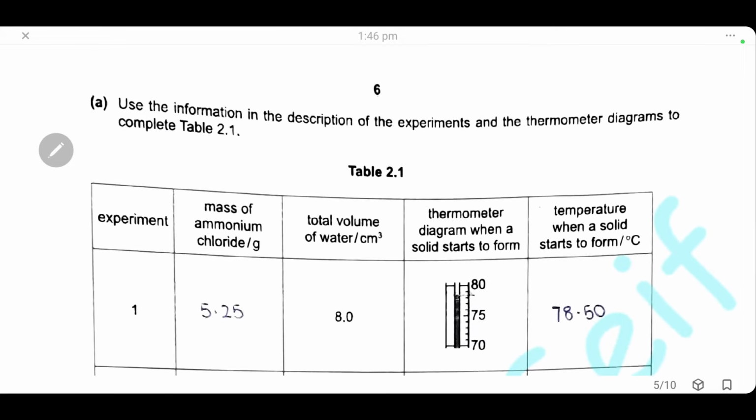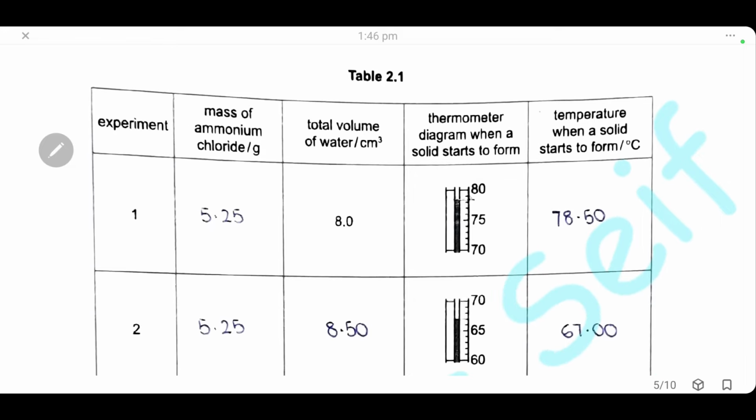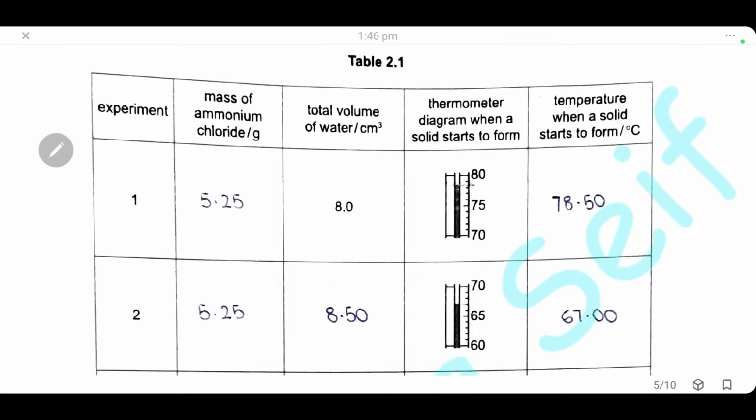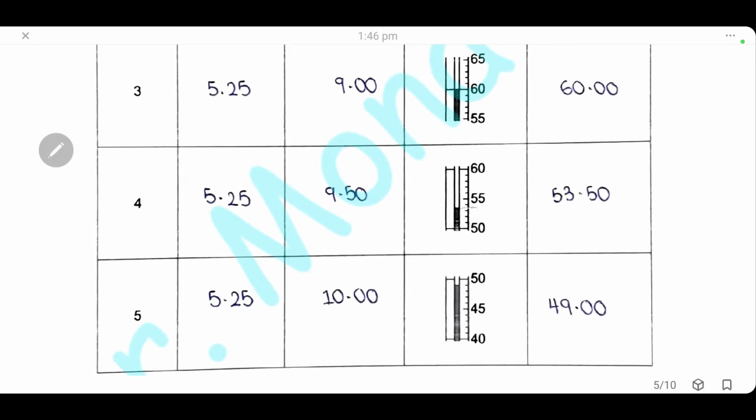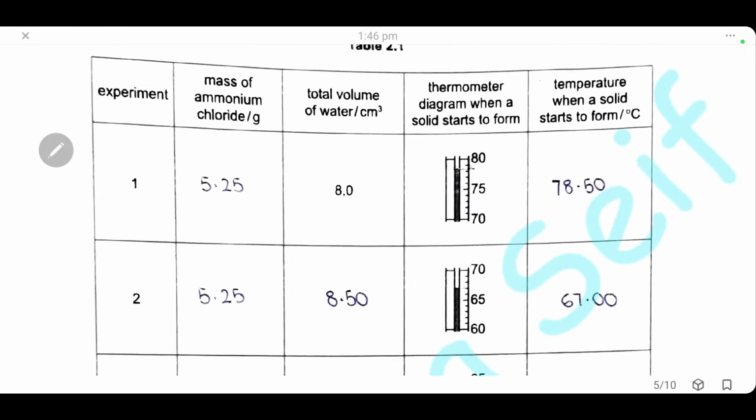Then we will record the information here, description for all the experiments 1 to 5 as shown here in the table. First we will record the mass of ammonium chloride. The mass of ammonium chloride didn't change, it's 5.25 gram for the 5 experiments, so we will write 5.25 for all the experiments.